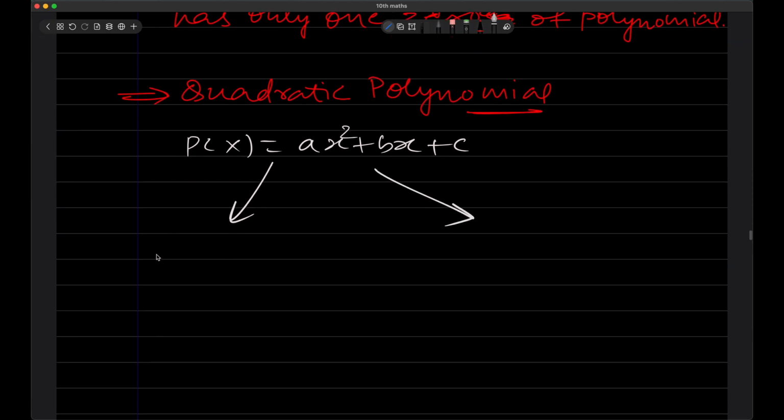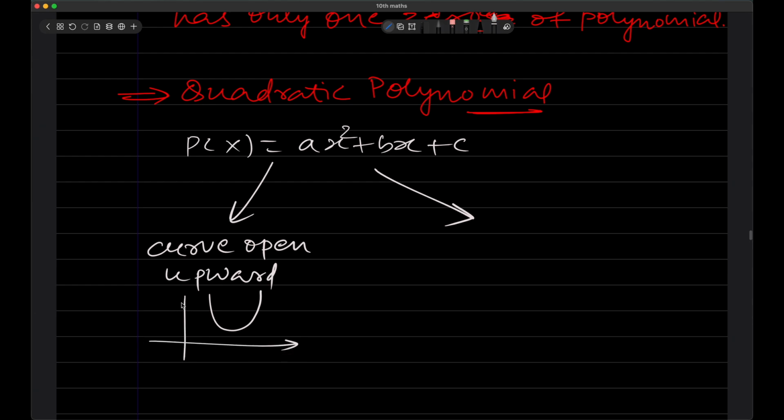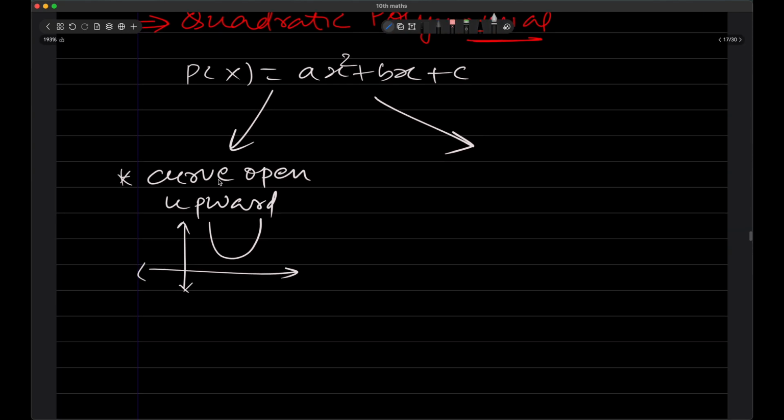Curve opens upwards, that is of this form, if a is greater than 0.